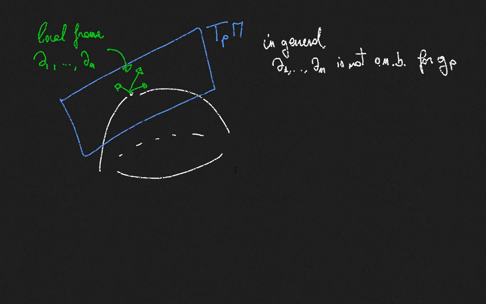So what can we do? We can compute now the metric g_p, which is an honest scalar product on the tangent space. So it's a bilinear form. It's not something smooth that varies. It's just a symmetric matrix.